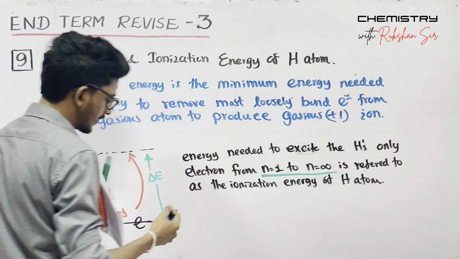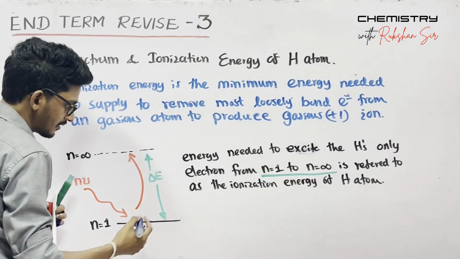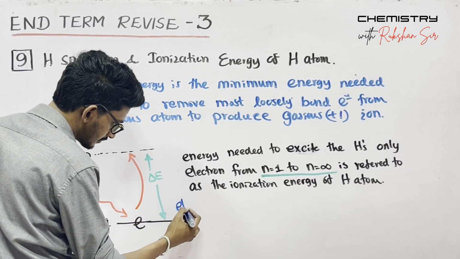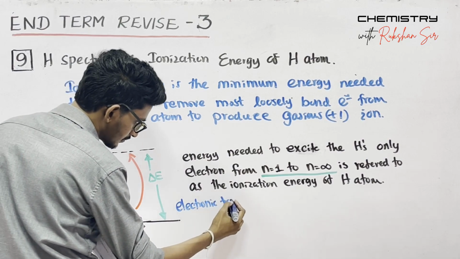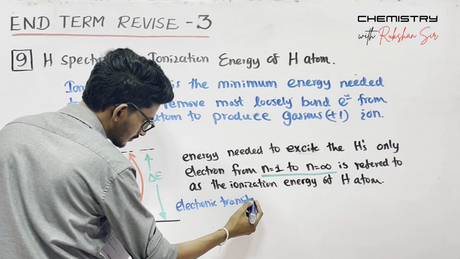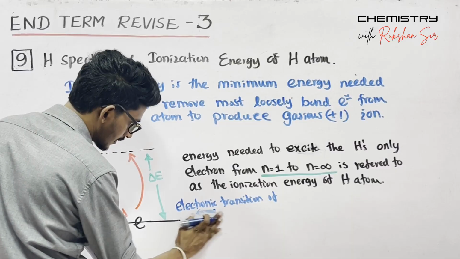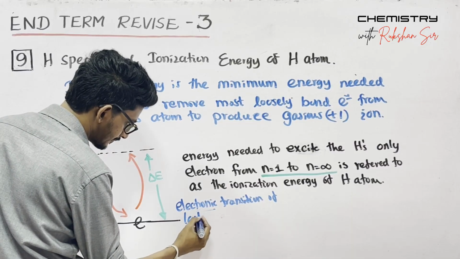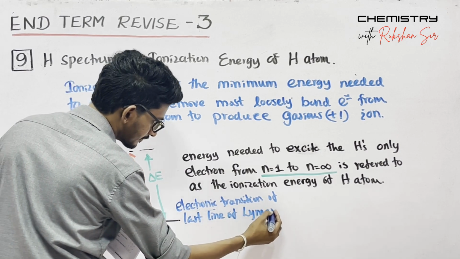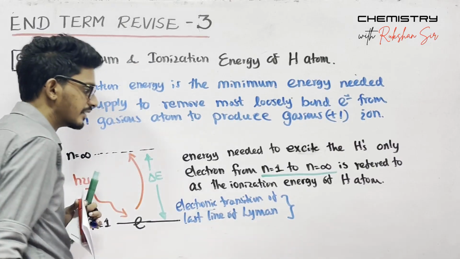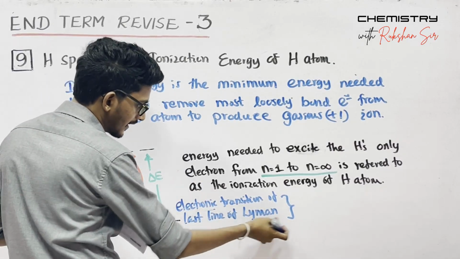If you are regarding the electronic transition of the last line of the Lyman series, Lyman means n equals 1.